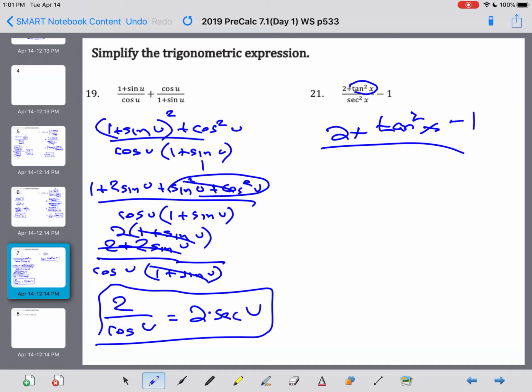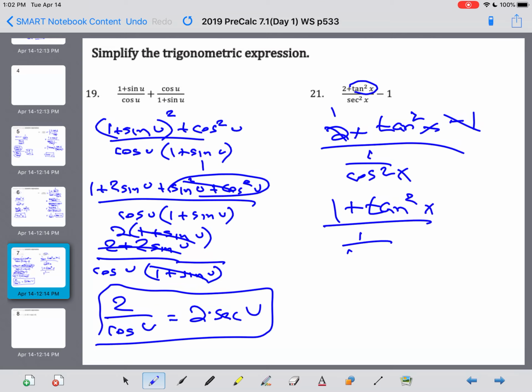Down here I get 1 over cosine squared x. A little sloppy there. This changes that to a 1. So I get 1 plus tangent squared x over 1 over cosine squared x.